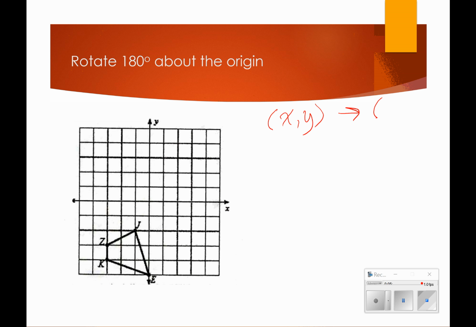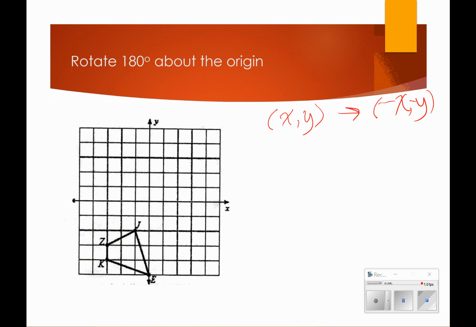No flipping, just negate it. And notice that we don't state whether we want to do this counterclockwise or clockwise, because it's going to be the same no matter what you do for 180 degrees. And in fact, if you go 90 degrees counterclockwise, that's the same as going 270 clockwise.